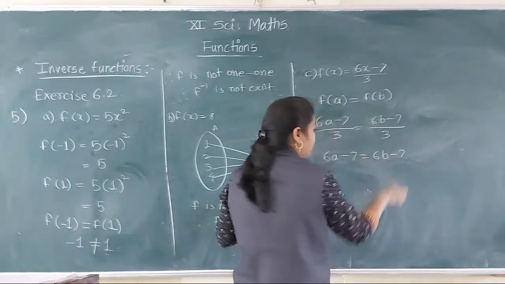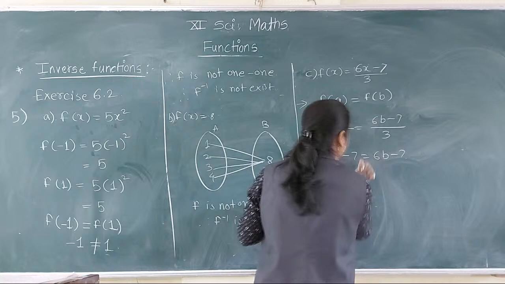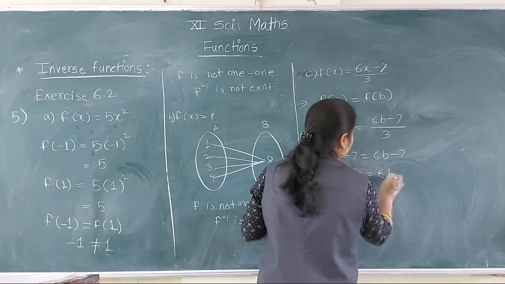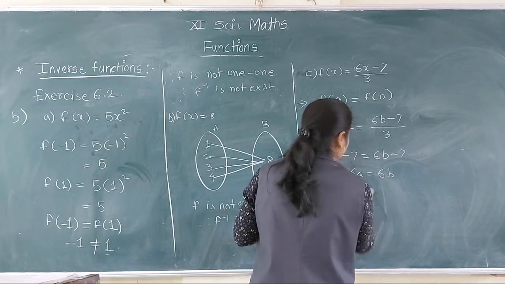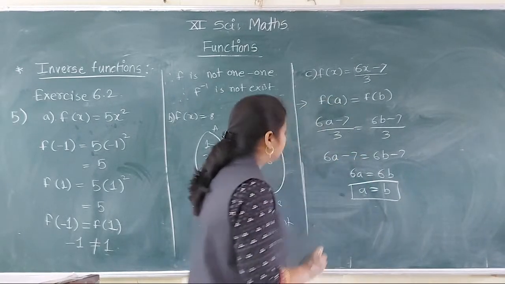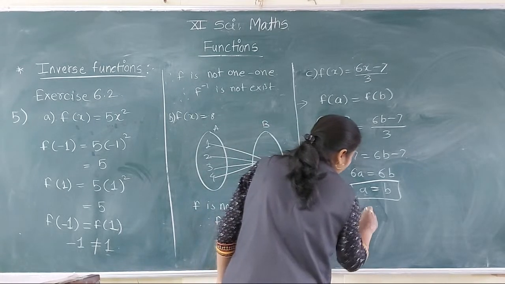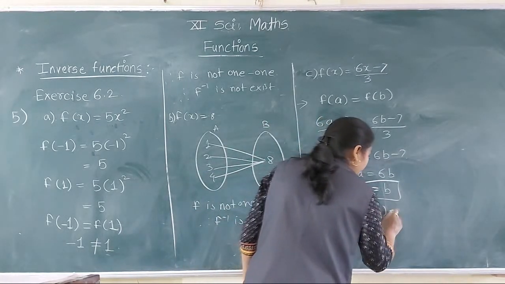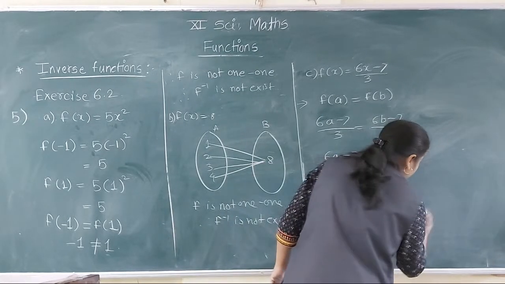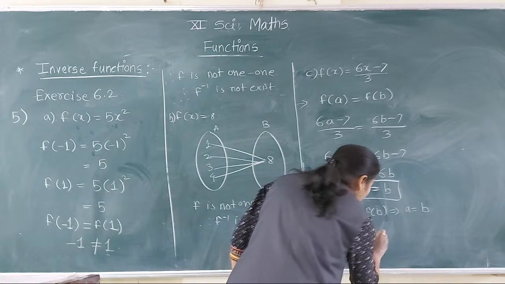Minus 7 is on both sides, so it will cancel out. 6a is equal to 6b. So 6 again cancels. Therefore a is equal to b. So that means f of a is equal to f of b, which implies that a is equal to b.